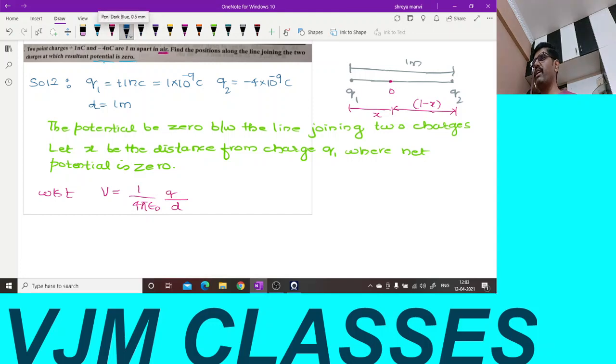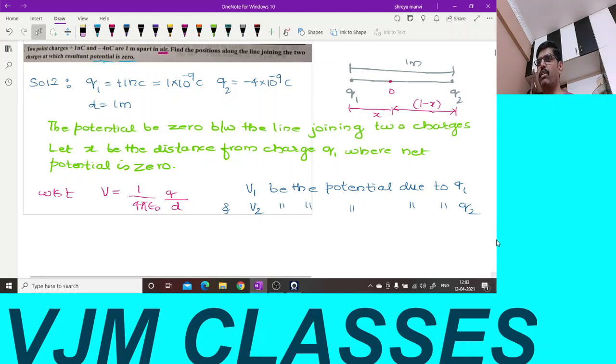Now V1 is the potential due to charge Q1 and V2 be the potential due to charge Q2.